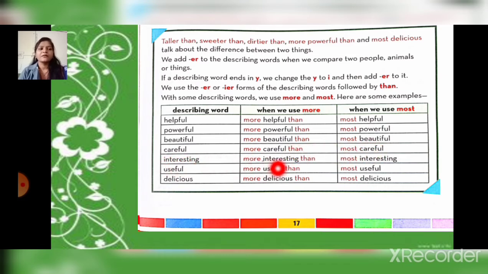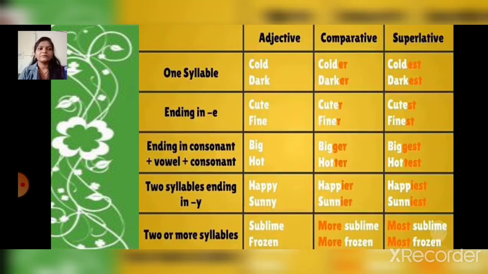Interesting, more interesting than, most interesting. Useful, more useful than, most useful. Delicious, more delicious than, most delicious. So students, here you can see, here more is used, here most is used. Here there is comparison between two things, here the comparison between more than two things.